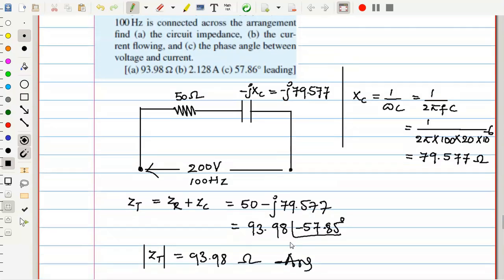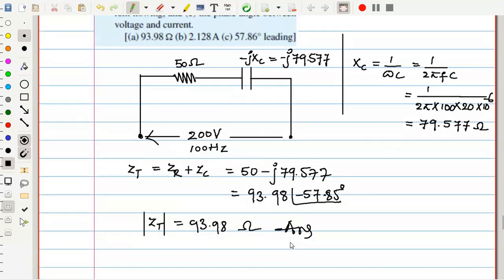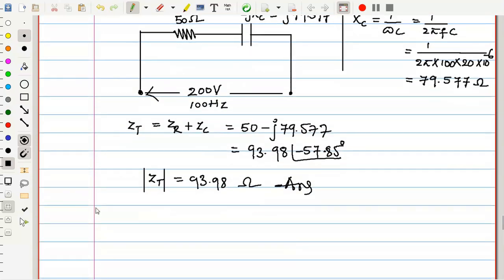Next, what else do we need? The current flowing. Current means I need only the current magnitude. Previously we had seen that current magnitude is equal to voltage magnitude Vs divided by Zt magnitude. So Vs magnitude is known.